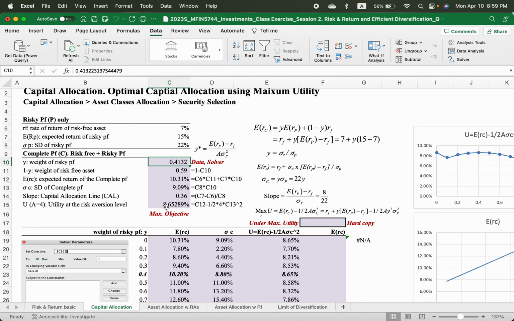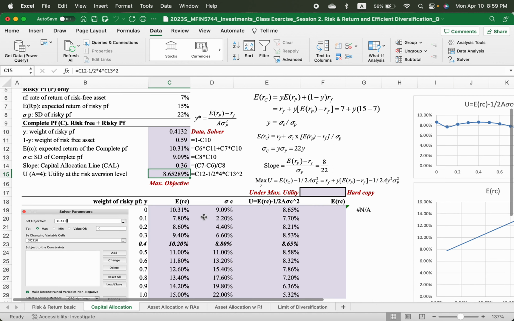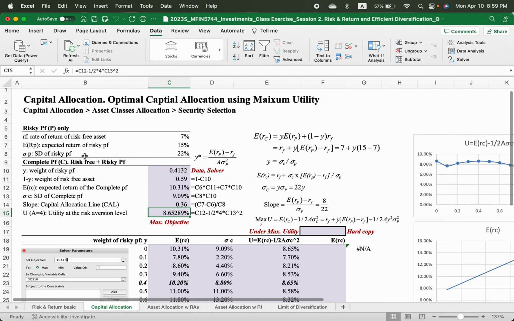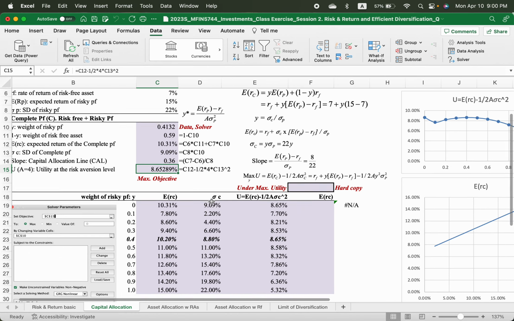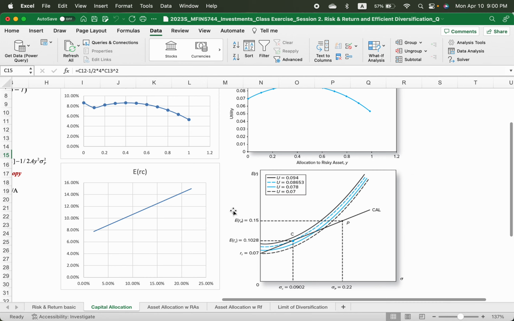And okay, anyway, we can get the same result. So we find here 41% weight of risky portfolio when we invest. Then the investors, your clients, will be satisfied with the maximum utility, right? Maximum utility.